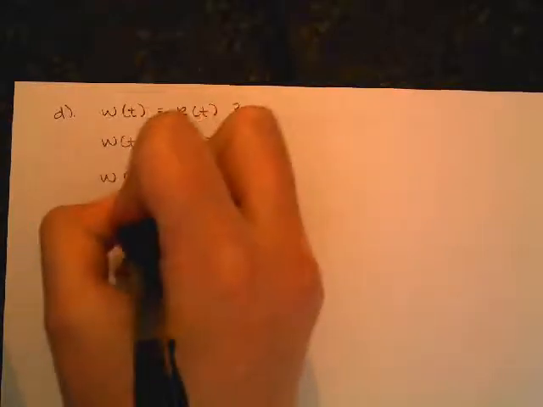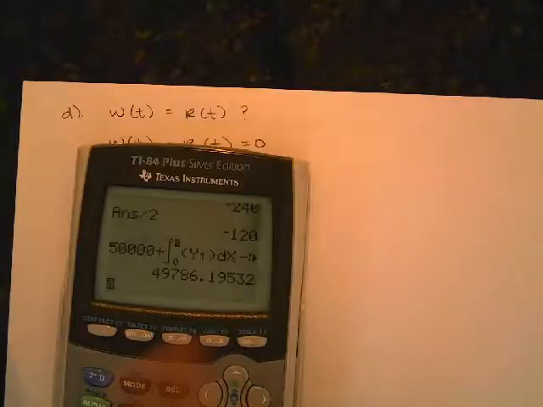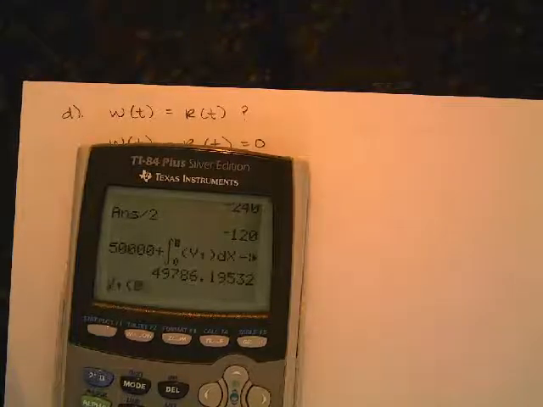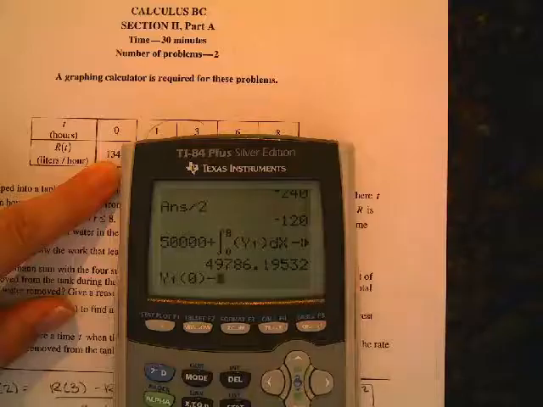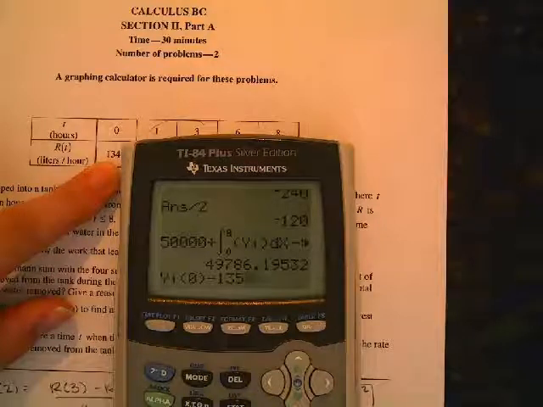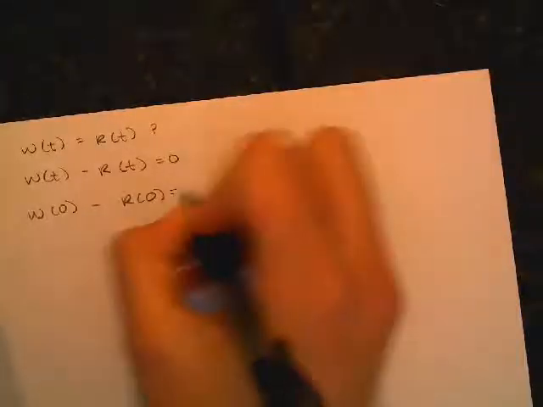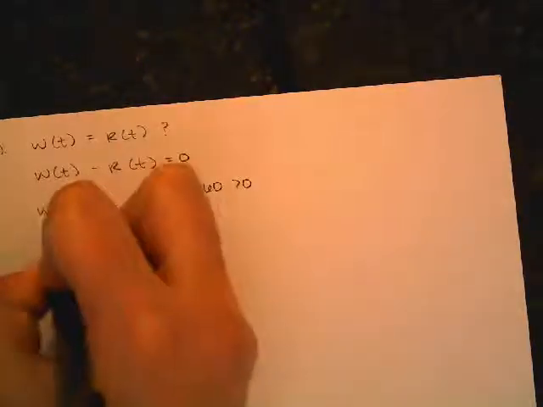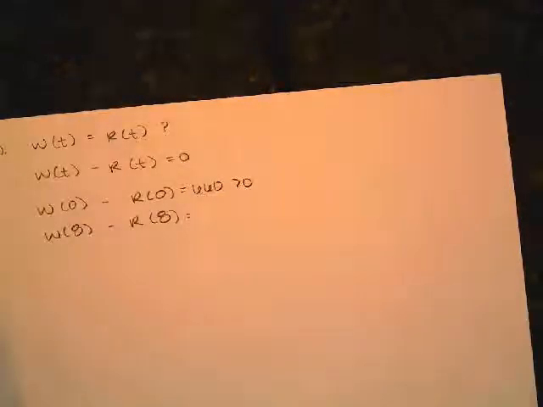So if I do W of 0 minus R of 0, R of 0 is 1340. So that's 660. So that equals 660, which is greater than 0. And then we're going to do W of 8 minus R of 8 and see what we get.